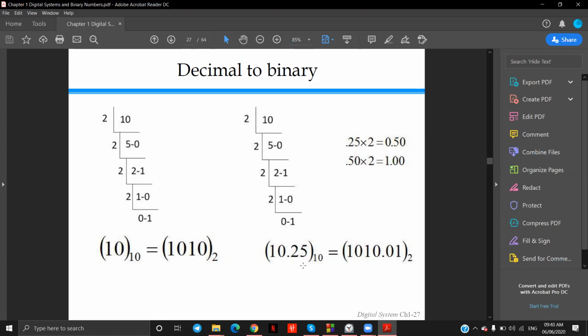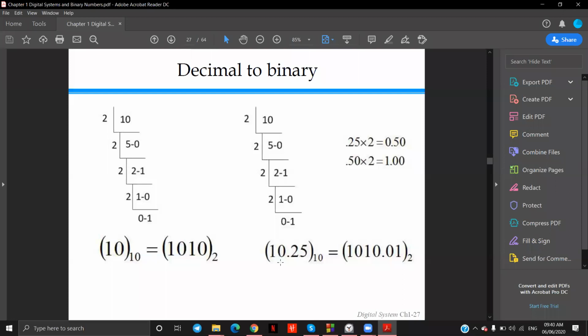If you want to convert decimal to any number system, you have to divide the integer part of the number by the base where you want to convert. Here we are going to convert decimal to binary.